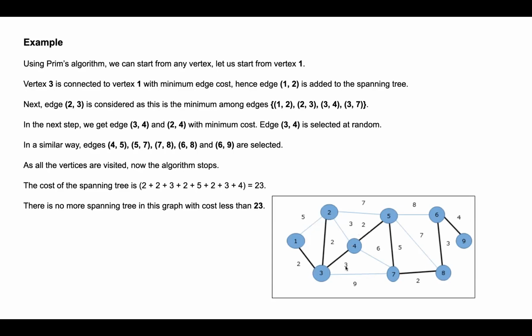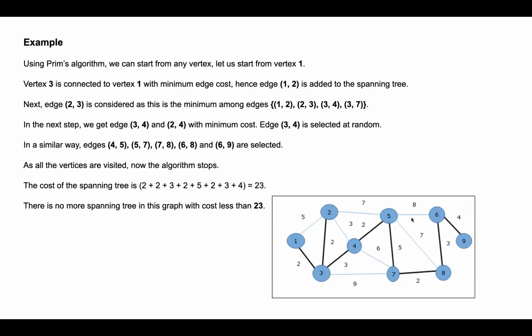which value is 3. Then again from 4, we can go to 2, 5 or 7. But from 4 to 5, it's a 2. So we went here for 5. Then from 5 to 7, the minimum value is 5, because this one is already covered.